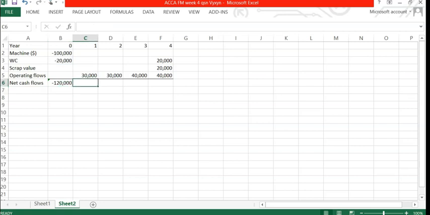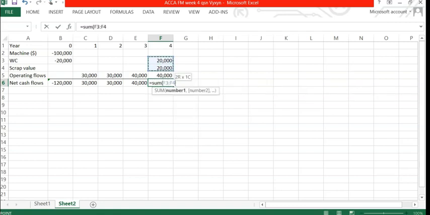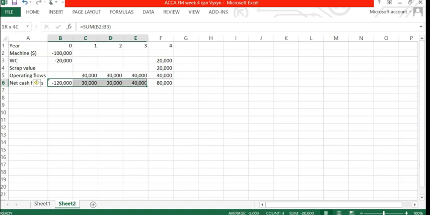You can just copy and paste, or type it to save your time. So that's 30,000. Here it's 40,000. Here you can use your sum function, then you add up everything. That's it, and then you are home and dry. These were the net cash flows we were looking for.